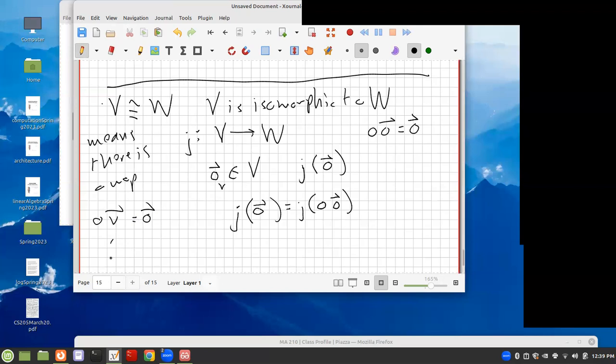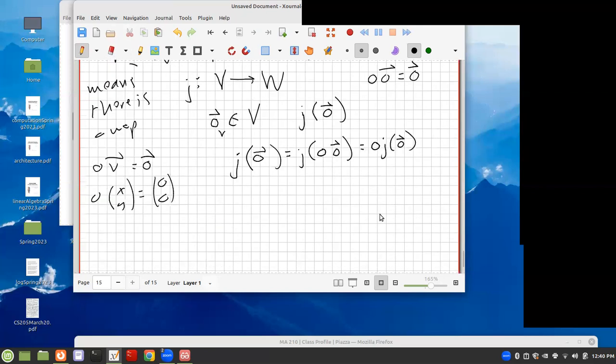So if this was like R2, you'd have 0 times (x, y) equals (0, 0), because you multiply all the components by 0. Then because the map is linear, this has to equal 0 times the image of the vector.